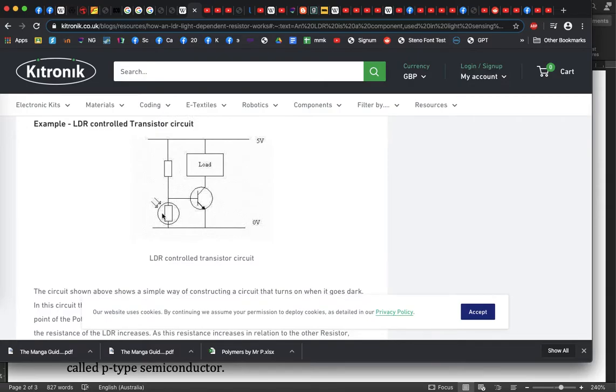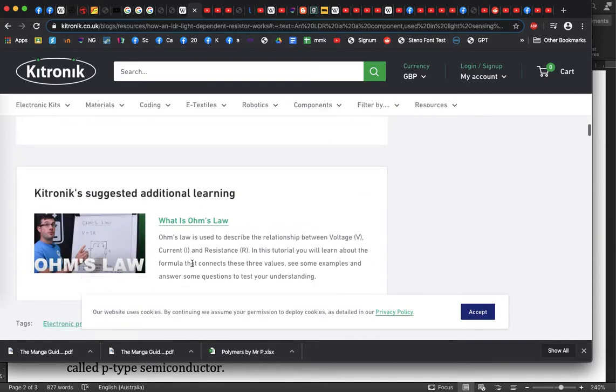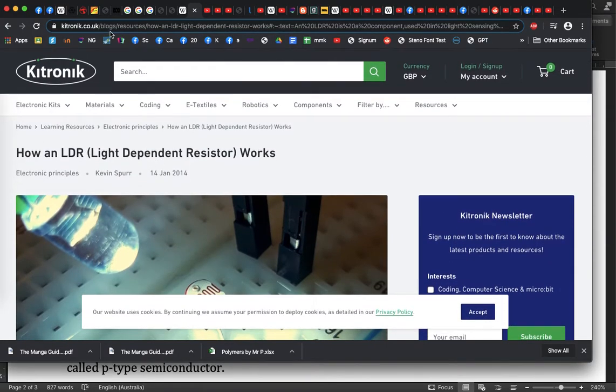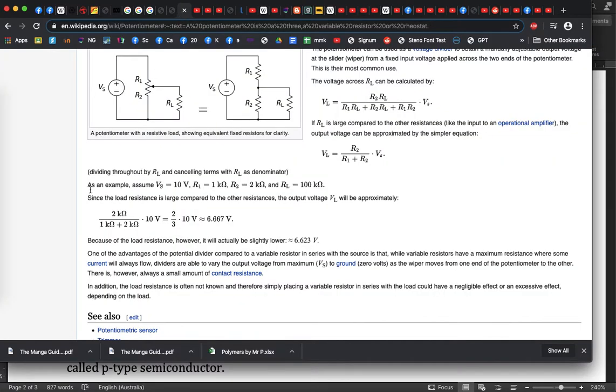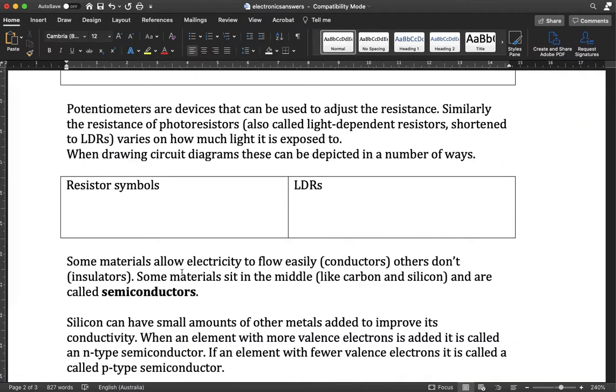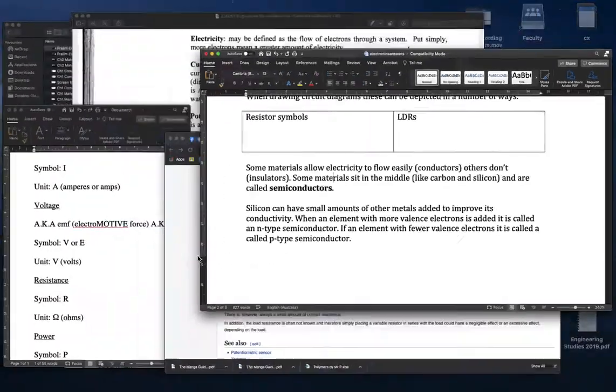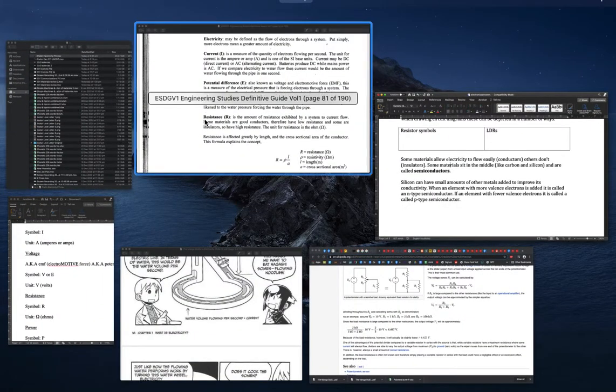Another way, which I've only seen once or twice in older textbooks, is the Greek letter lambda. Not very common, so I wouldn't lose sleep over it. Okay, so what do we do with these things? We're not going to get to semiconductors in this recording. That's going to be the next part.